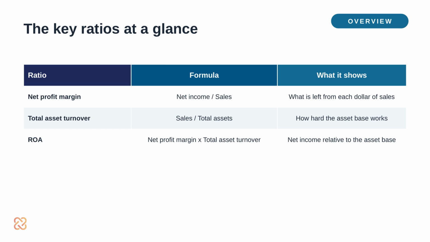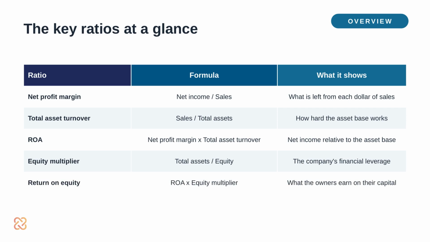For Nordwind, 7.5%. The equity multiplier, total assets over equity, shows how the assets are financed. 4. And return on equity, the product of all three, shows what the owners earn on their capital, 30%. 5 numbers, one coherent system. And each of them points back to a decision someone in the business actually makes.